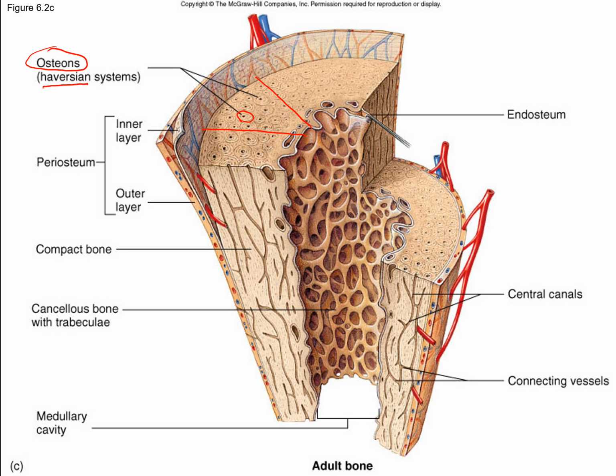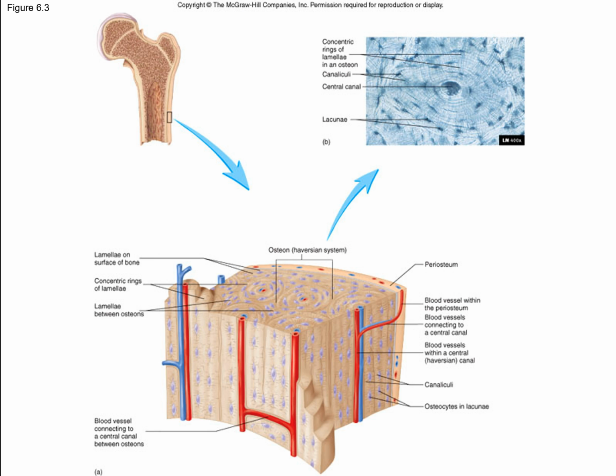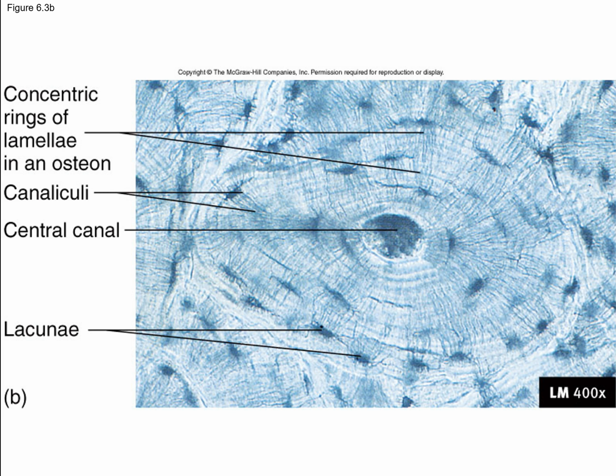Now, let's go a little bit smaller. This is an actual micrograph of an osteon. So, here's the outer perimeter of it. And the terms that I want you to know: central canal is just this part in the middle of each osteon.